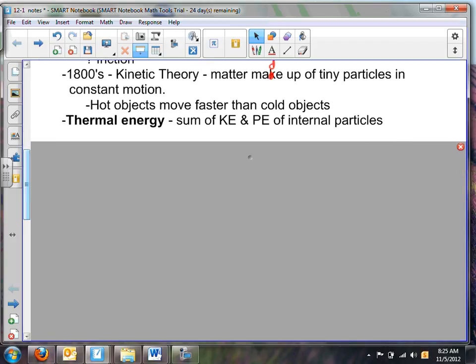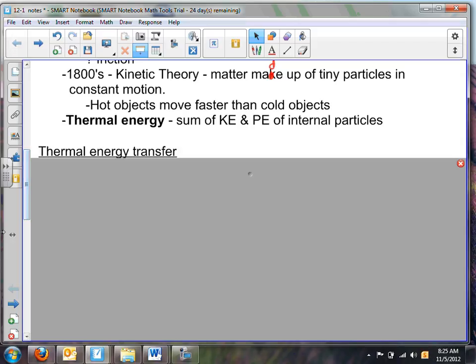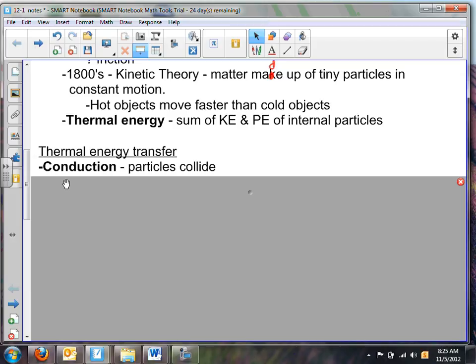Now let's look at ways we can actually transfer thermal energy. There are 3 of them. You probably remember them from freshman year. The 3 are conduction, convection, and radiation. In conduction, the particles actually have to collide.